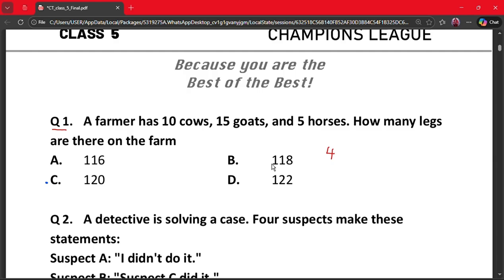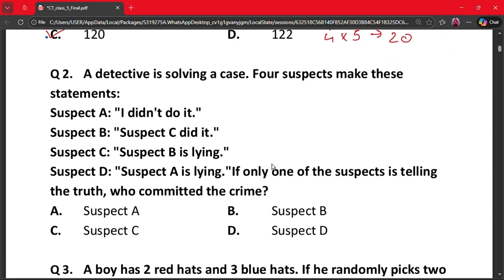That means 4 into 10 equals 40, and 15 goats also have 4 legs, so 4 into 15 equals 60, and 5 horses, horses also have 4 legs, so 4 into 5 is 20. So 40 plus 60 plus 20 equals 120, which means the correct answer is option C. Moving on to the next question.